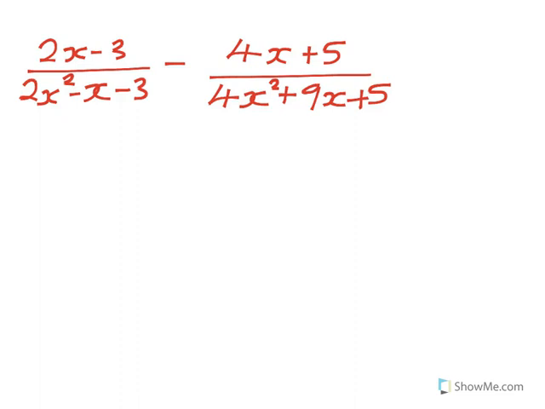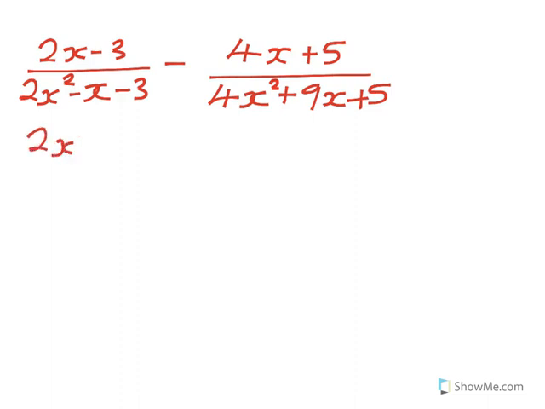So the first thing that you need to do is to make sure that you simplify these denominators, because you can see that they are not simplified. So let's start with the first one. Using the product sum method, as I said, you can always refer to the previous lessons. This is how I solve it.